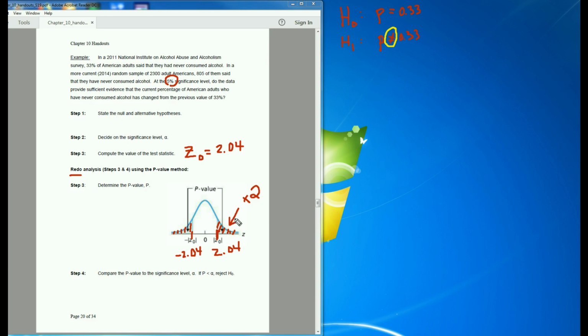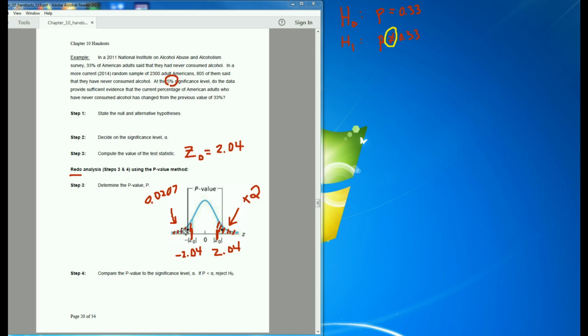Or if we want to be a little more clever about this, we could just go look up negative 2.04 and find the area to the left of that, because this area here is the same as this area here. If you go to the table and look up negative 2.04, you should find that the area to the left of that is 0.0207. So that is this area.